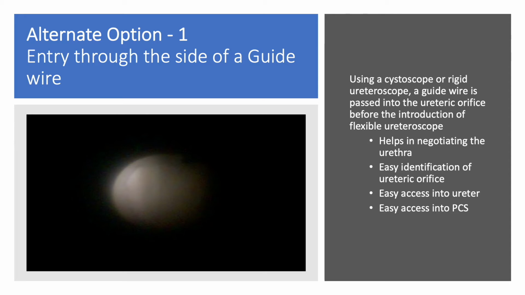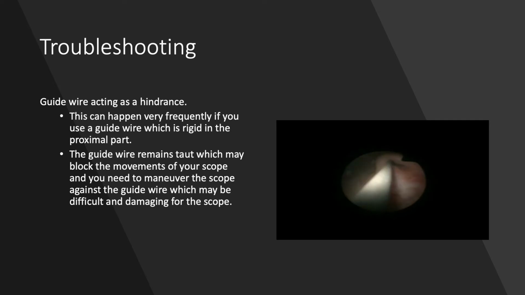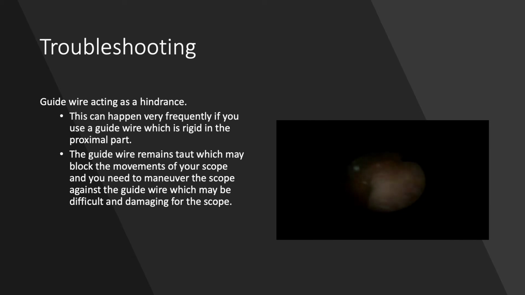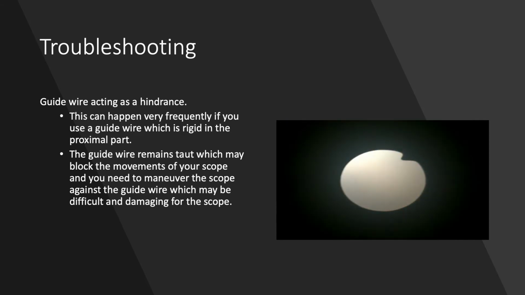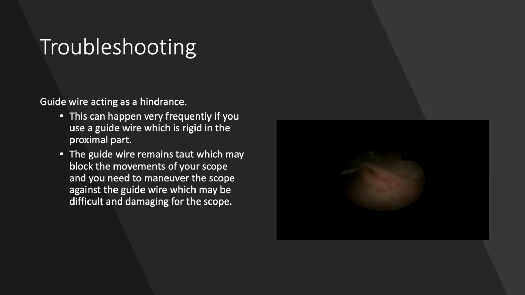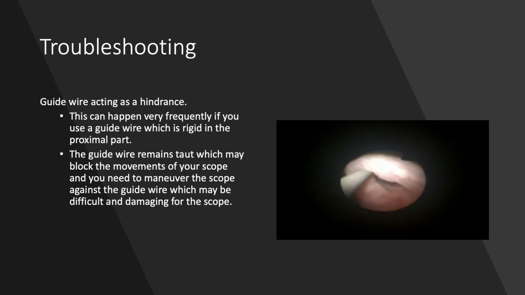But there are a few issues which need to be cleared. What are the main problems we face with guide wires? The guide wire, which appeared as our savior in identifying the orifice and in passage through the ureter, will start acting as a hindrance.